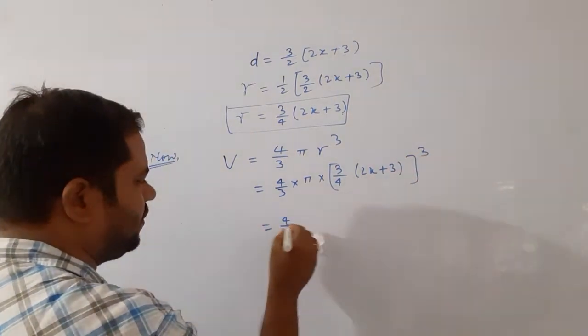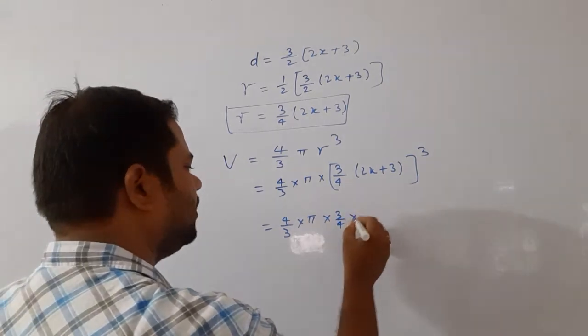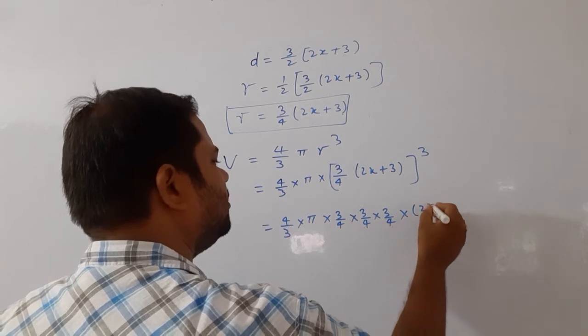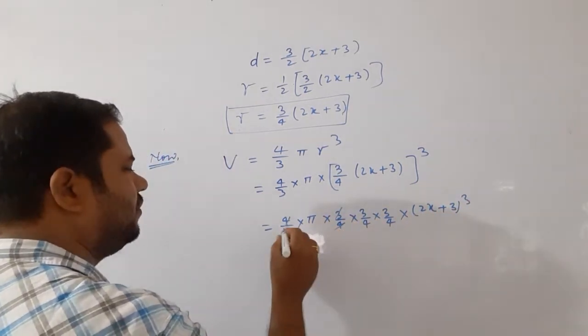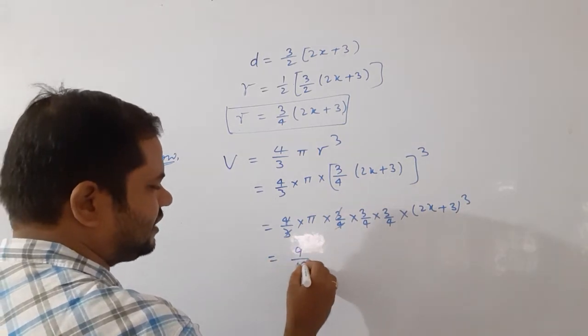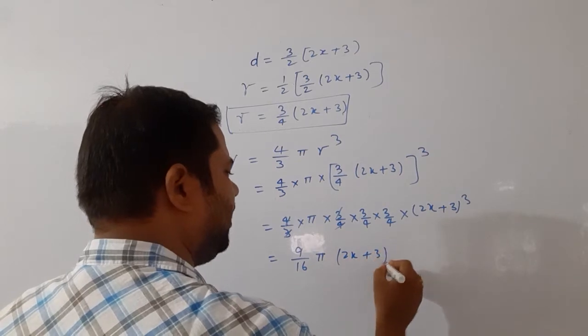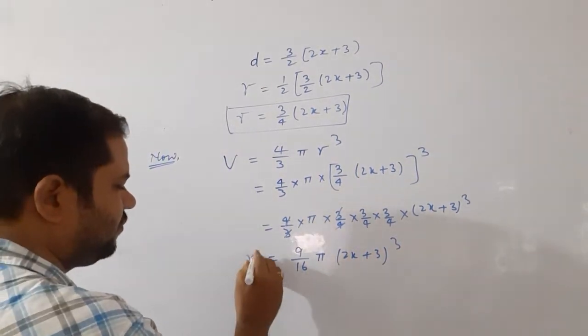So this is 4 by 3 into pi into 3 by 4 into 3 by 4 into 3 by 4 into (2x plus 3) whole cube. The 3 and 4 cancel out, so 9 by 16 pi (2x plus 3) whole cube. So this is V, volume.